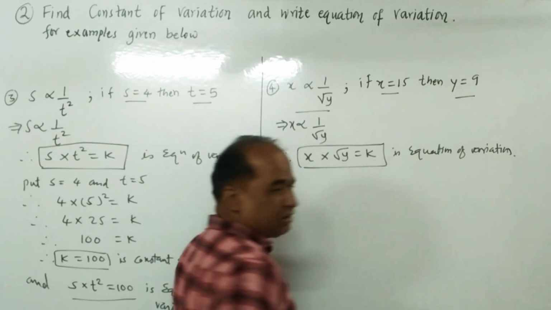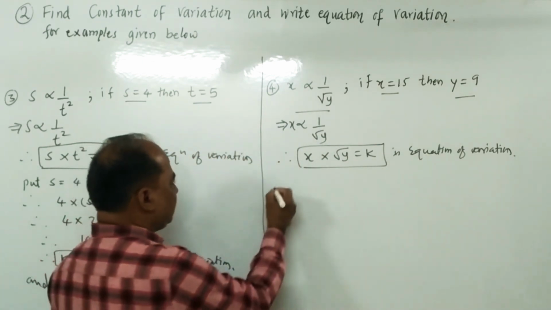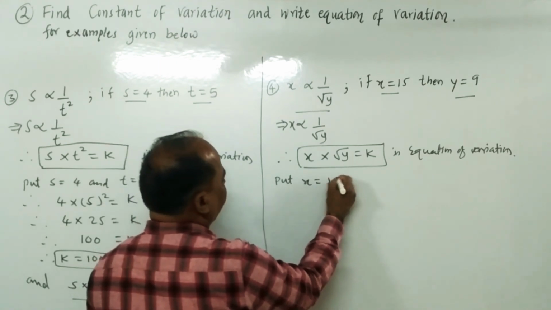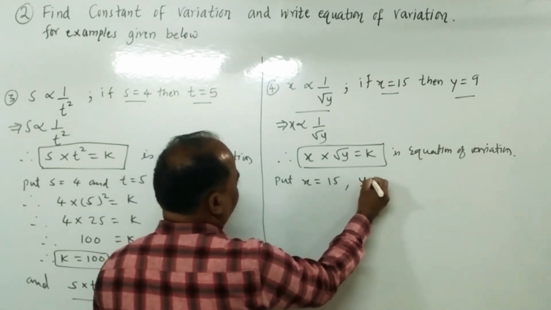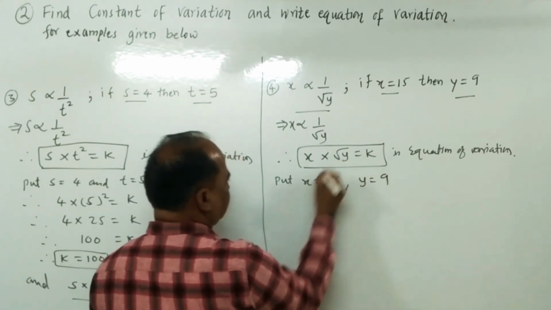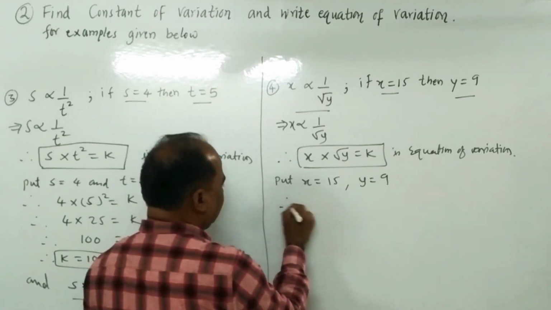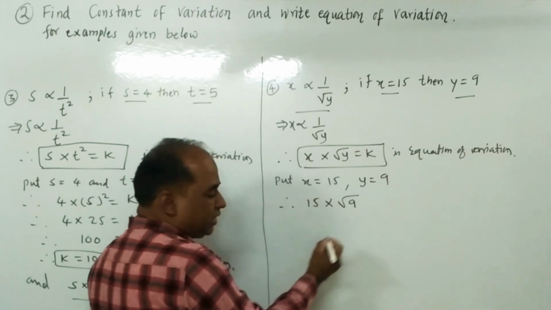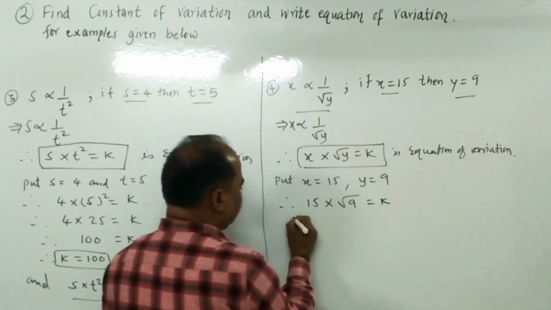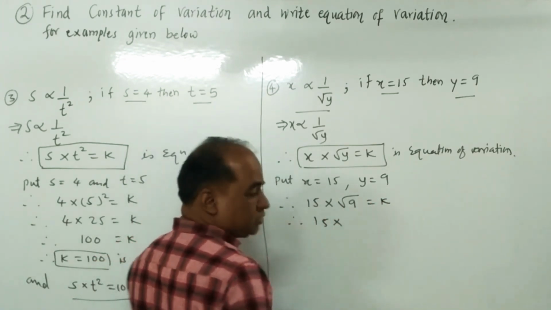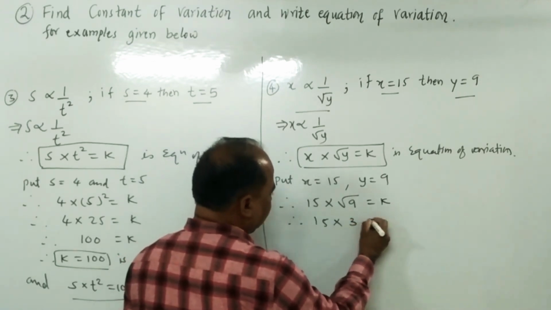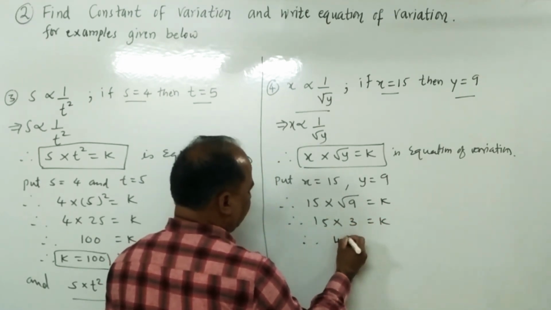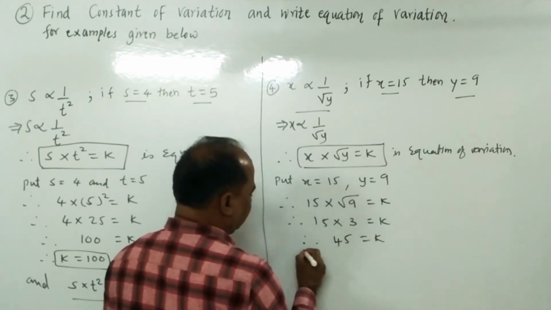Now put here x is equal to 15 and y is equal to 9 in this equation. Therefore, 15 into square root of 9 is equal to k. Therefore, 15 into 3 is equal to k. 15 3s are 45 is equal to k.